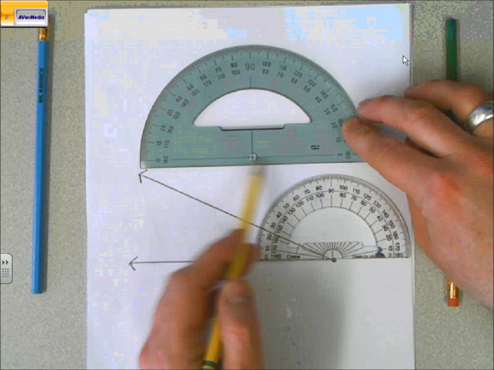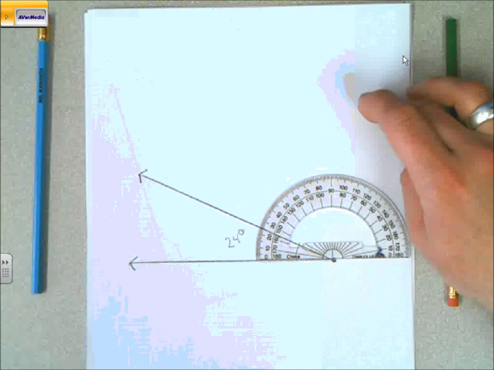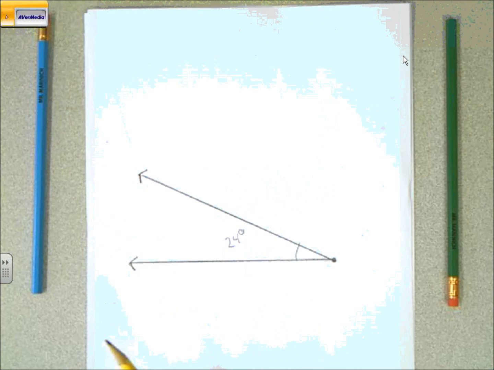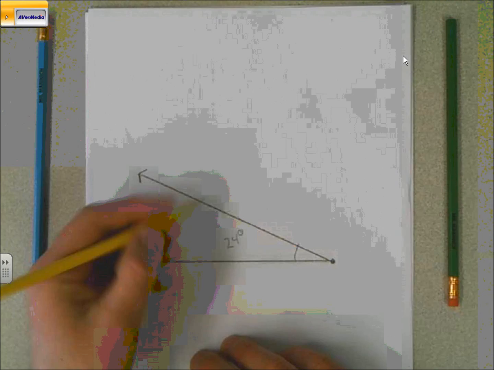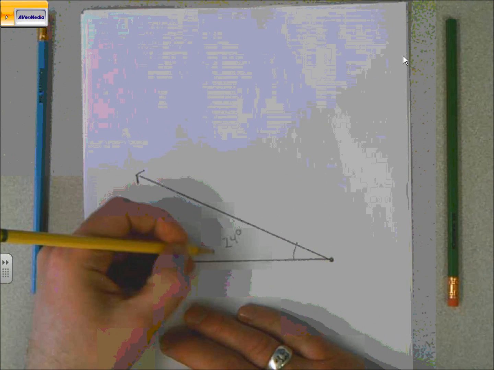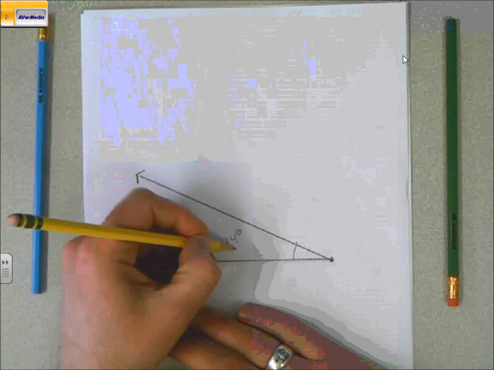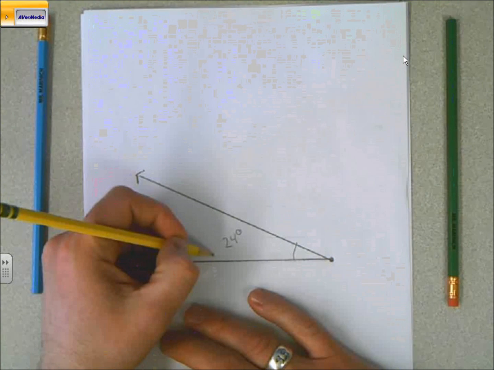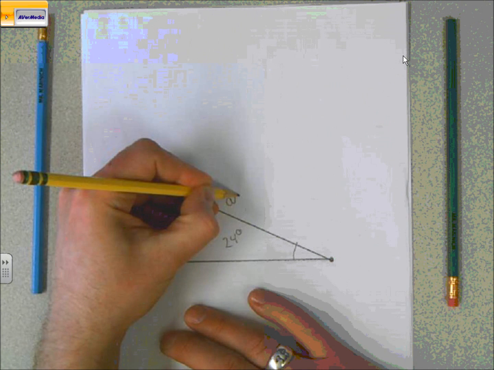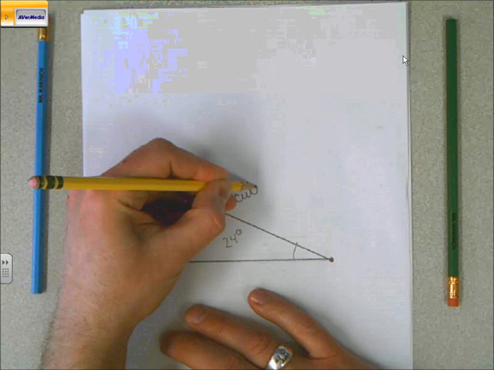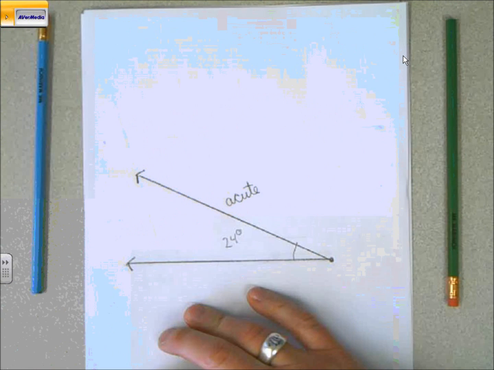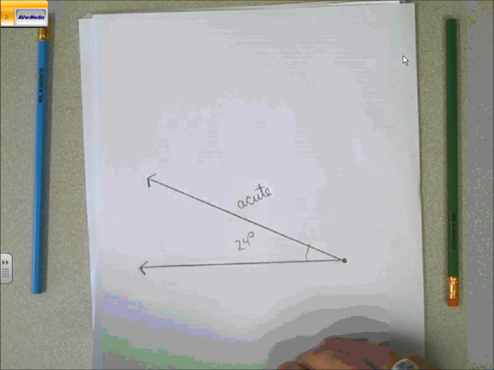So you've got to be careful when you're using your protractor to find out where that line is and where to line up the vertex and the baseline. So 24 degrees, well, if an angle is between 0 and 90 degrees, so it has to be less than 90 degrees, that would make it an acute angle. So 24 degrees, acute. Very good. There we go.